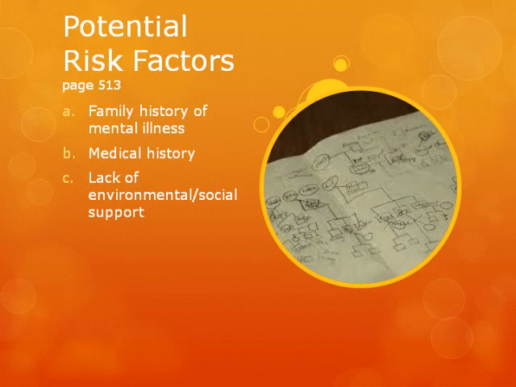If someone in the family has schizophrenia or a bipolar disorder, then their children, their first-degree relatives, have a much increased risk of developing some mental illness. It may not be the same diagnosis.